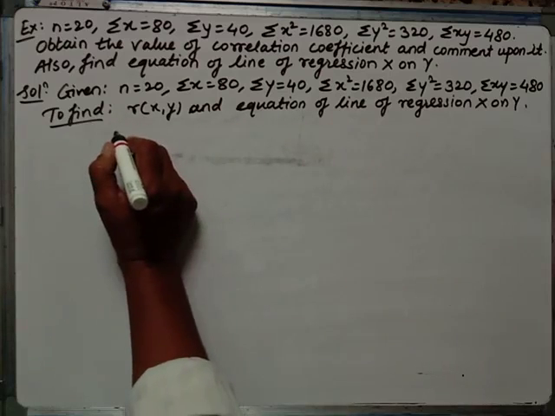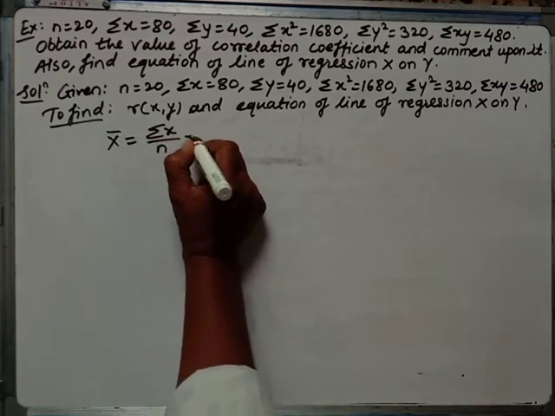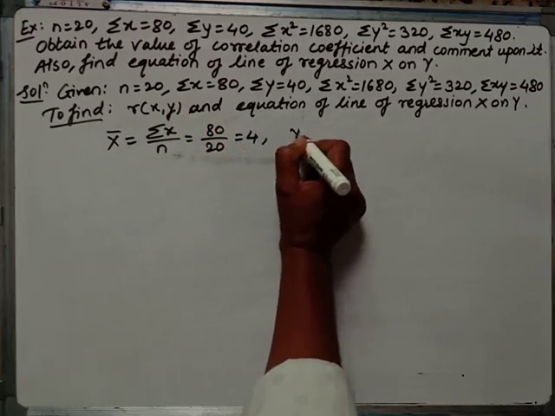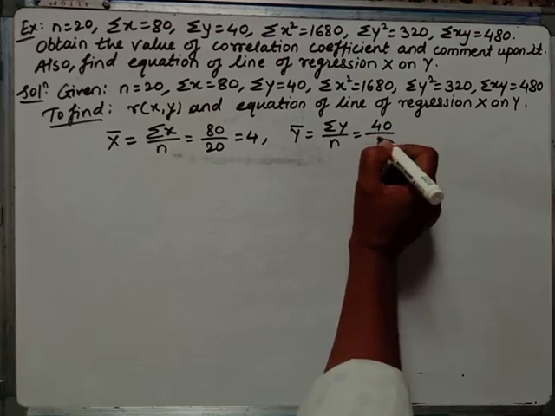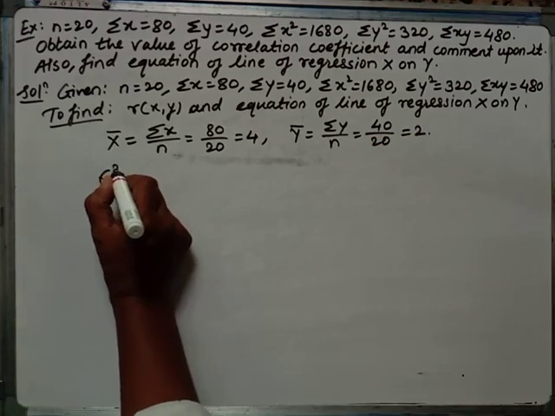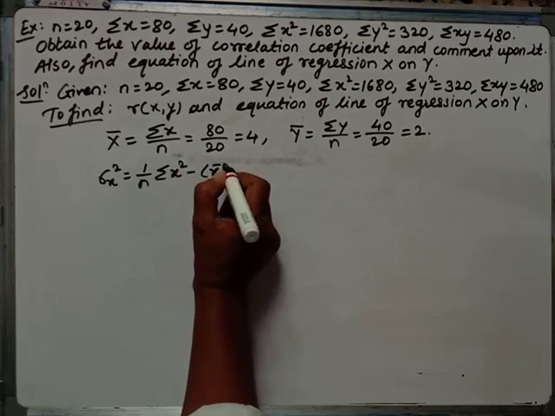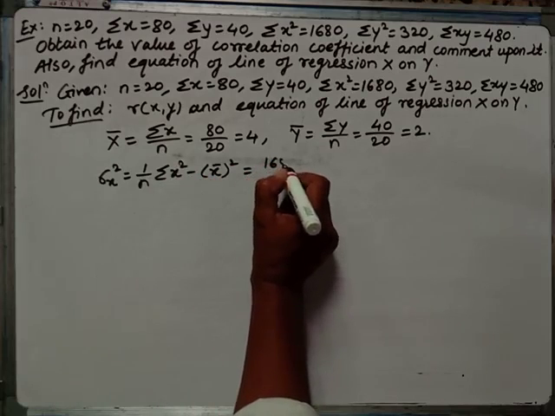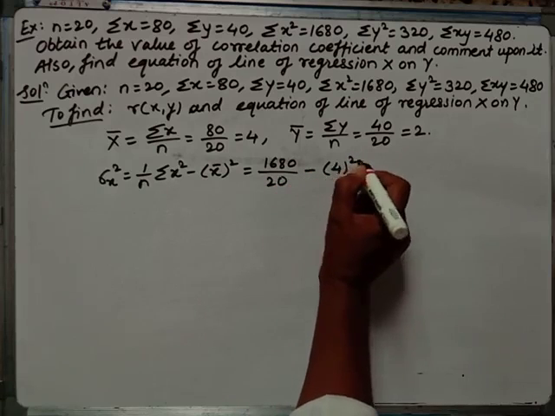So for this let's find first x bar. X bar is summation x upon n, so it is 80 upon 20, which is 4. What is y bar? It is summation y upon n, that is 40 by 20, so it is 2. Now sigma x square is 1 by n summation x square minus x bar square, so it is 1680 upon 20 minus 4 square.